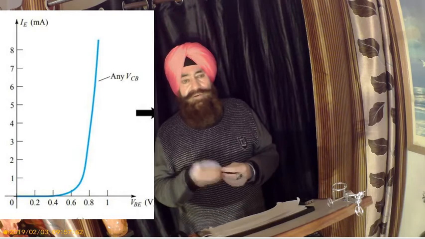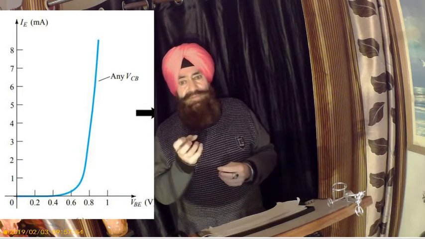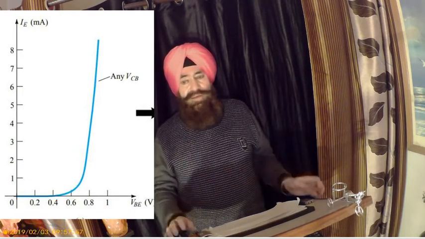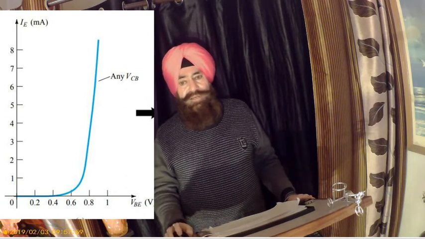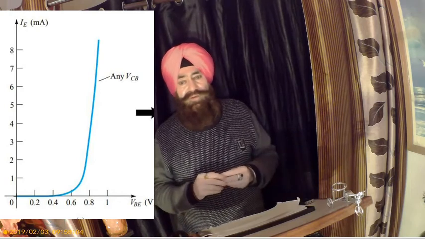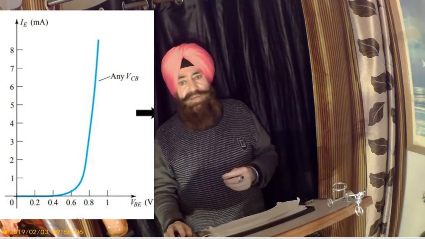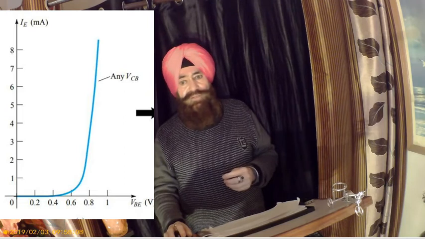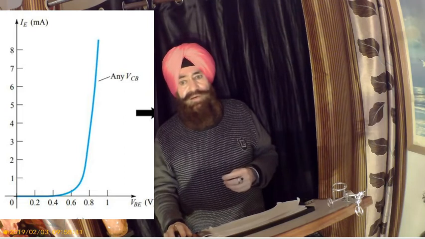Now, what are the basic important relationships for a transistor? When the transistor is said to be in the on state, meaning the active region, what is the on state? If you note from the characteristic curve, there is a sharp rise in current just after crossing about 0.7 volt.